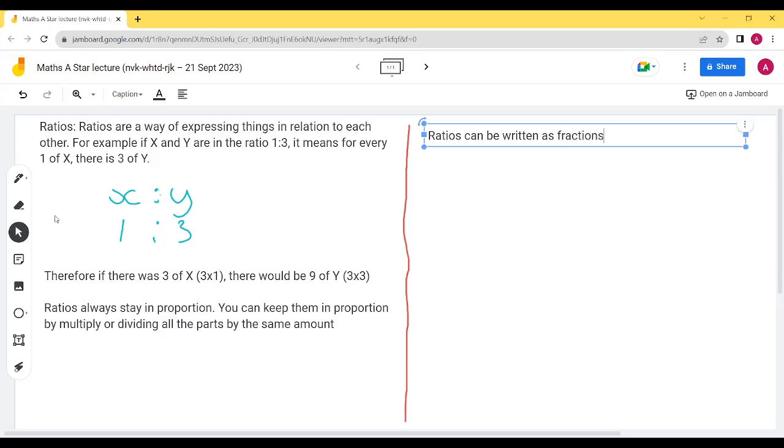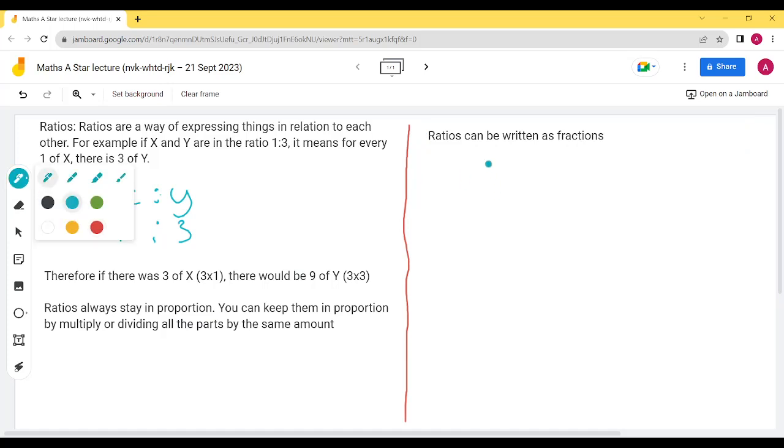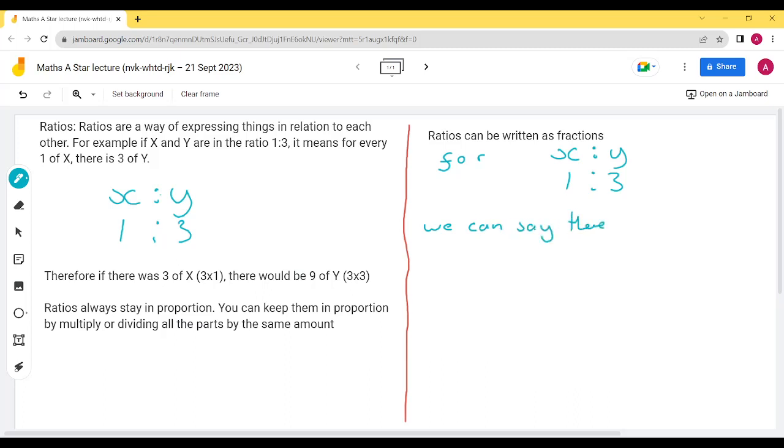For example, using the ratio x to y of 1 to 3, we can say there is 1/3 as many x as y.